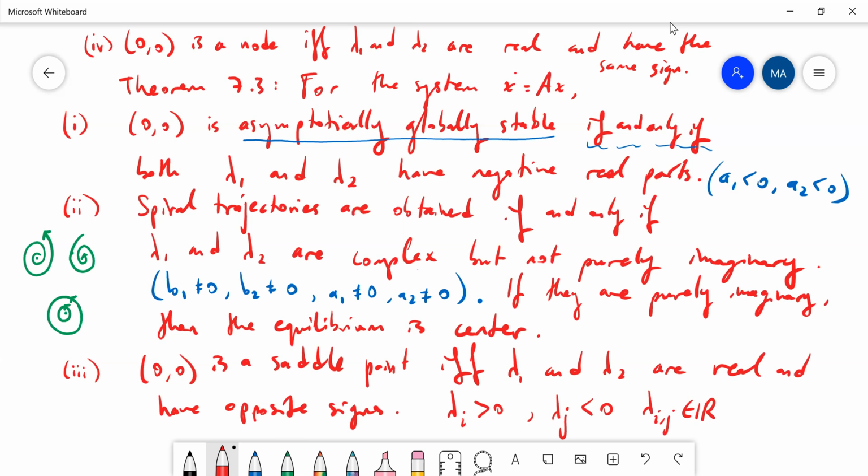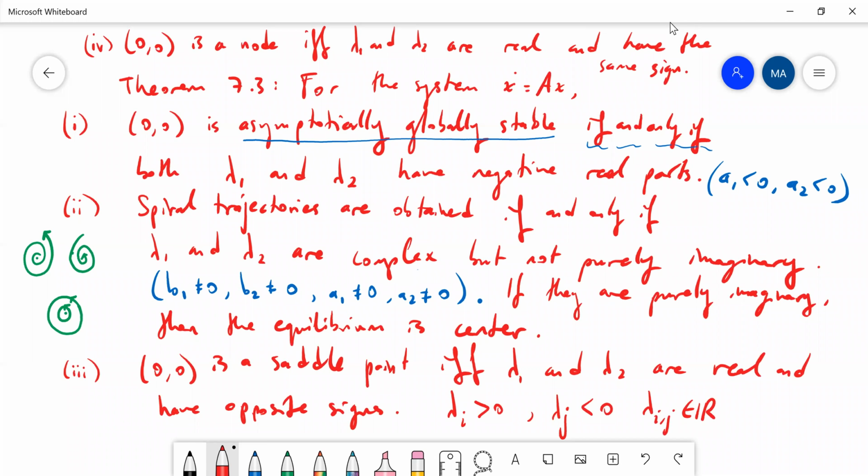And obviously, if you look at item 1, you can see that if they are both negative, it is a stable node. If they are both positive, it is an unstable node, right? Because it tells me just that. And if you combine item 2 with item 1, you can also see that for stable spirals, you have negative real parts. For unstable spirals, you have positive real parts.